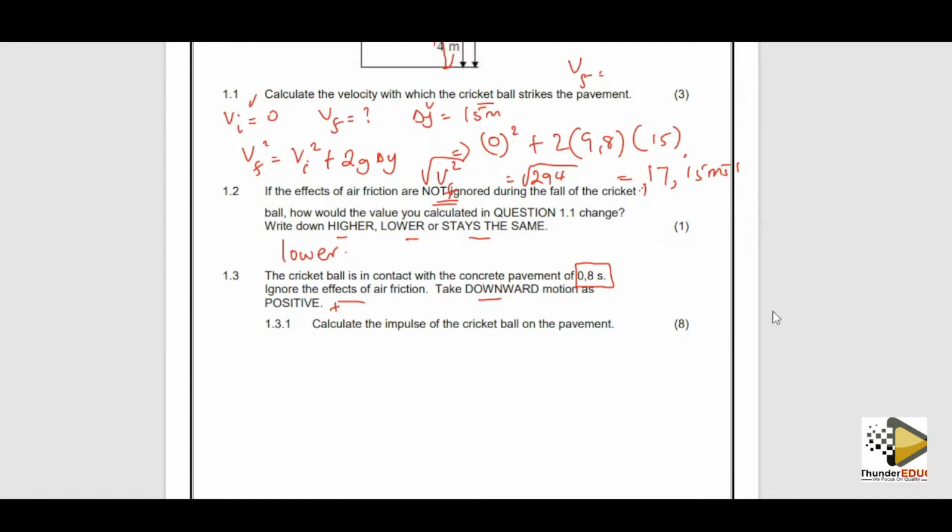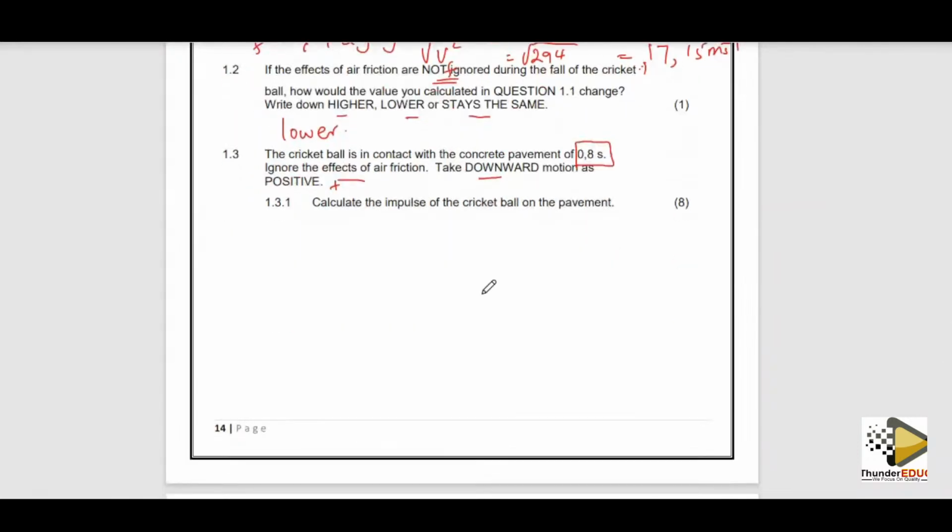What do we do when we are getting impulse? We know from your momentum and impulse work that F net is the same as the rate of change in momentum, delta P over delta t.